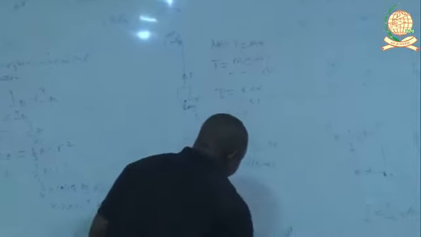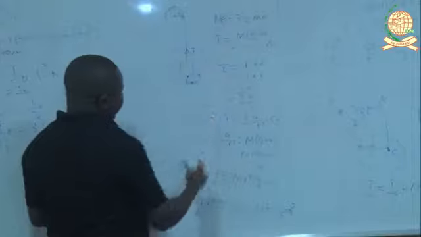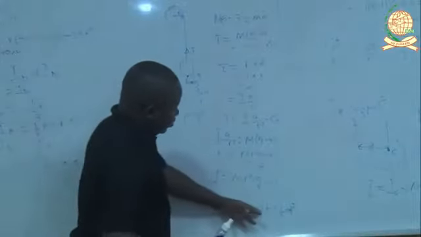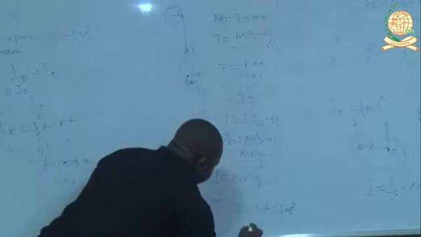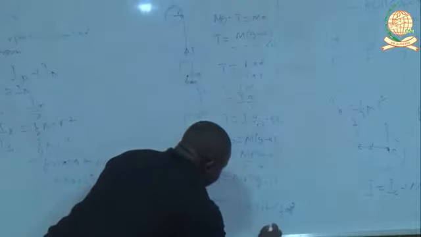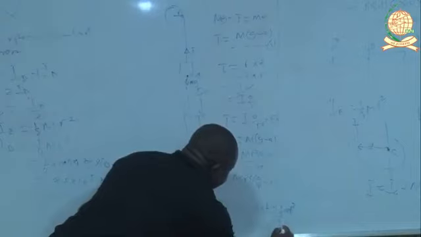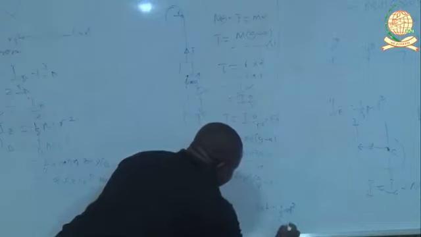Our h here is 5 meters. u is from rest, so it is 0. Therefore, a will be equal to twice of s divided by t squared.